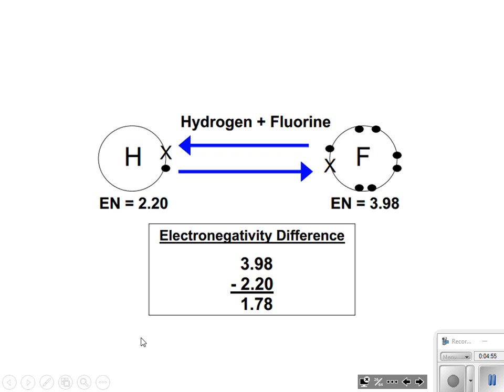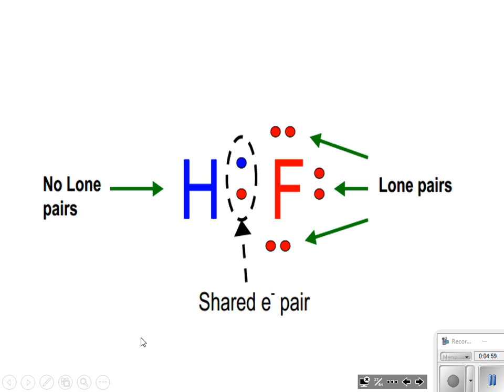When I look at this, I have a shared pair of electrons right here, and I have unshared pairs. Now, let me ask you this. We got our tug of war, don't we?